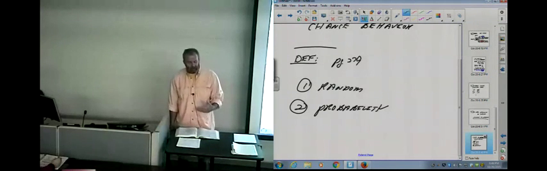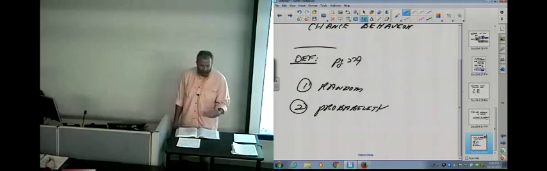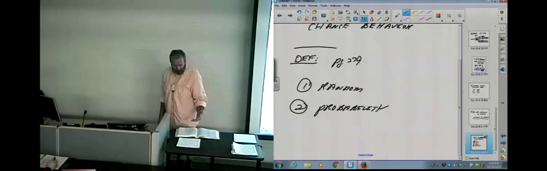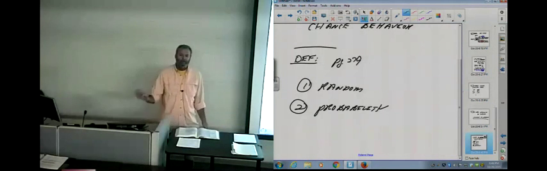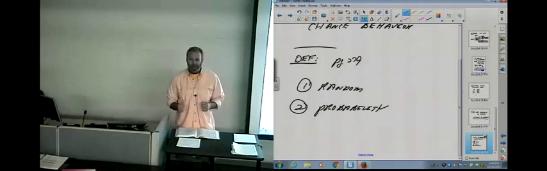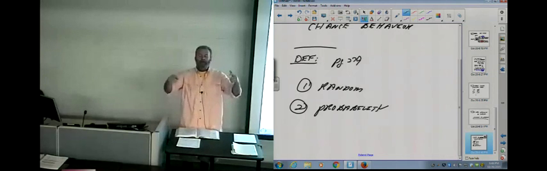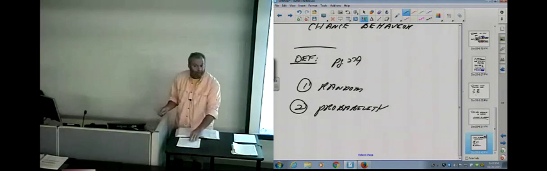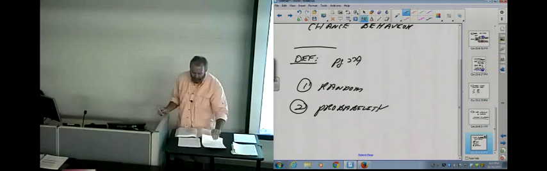The second one is the probability of any outcome of a random phenomenon is the proportion of times that outcome would occur in a very long series of trials. Now look, that's the definition of probability for us in this class. In other words, you've got to observe it. Probability is empirical the way we talk about it.